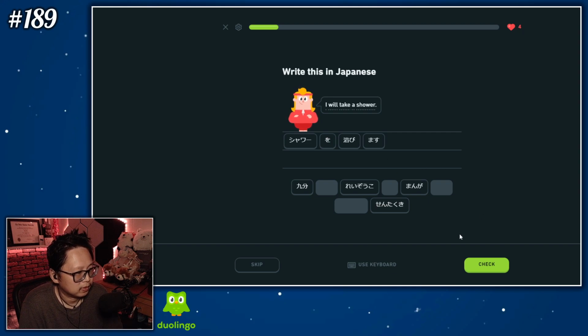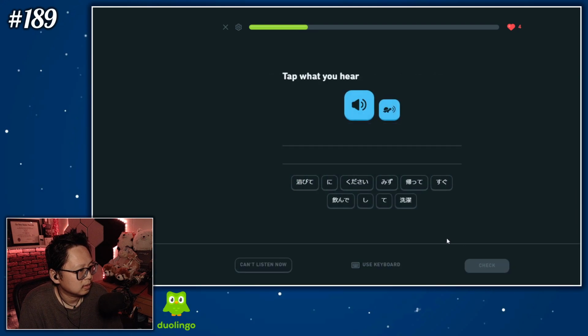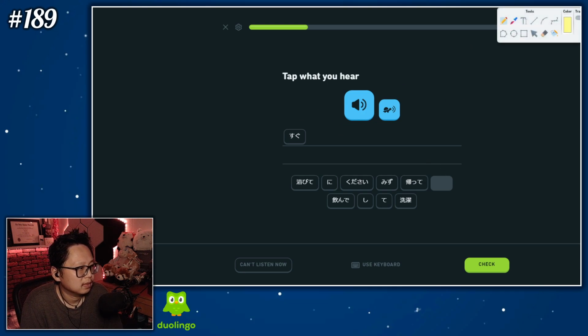This is a very special phrase as well. 浴びません。Abimasen. すぐに洗濯してください。Sugu. Oh, すぐ, I need to remember sugu. We can lump sugu with the other ones, right?